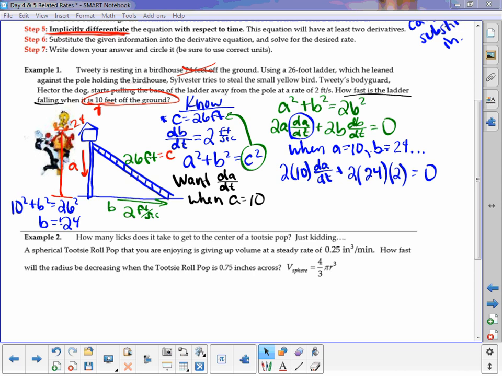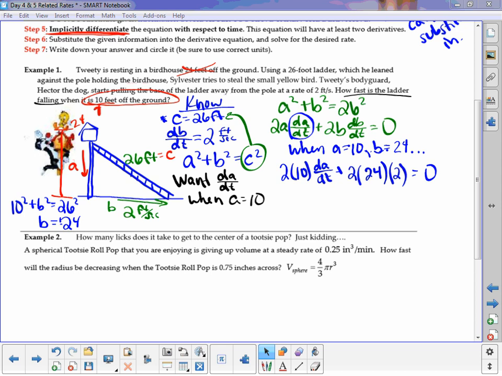Whenever my distance is growing, my rate has to be positive, right? Because I have that increasing distance. When the first derivative is positive, it represents increase. When the rate is negative, that indicates that the distance is decreasing.